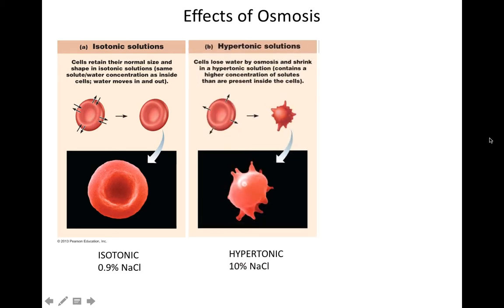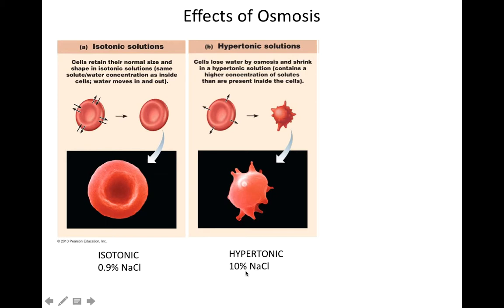Let's say you get super dehydrated, like basically you're dead at this point, but we're going to use it as an example. Hypertonic solutions have more solute than the intracellular fluid. So the fluid around the cells is hypertonic to the cells. So we're using an example of 10% sodium chloride. Literally, you would be dead. Don't do this.